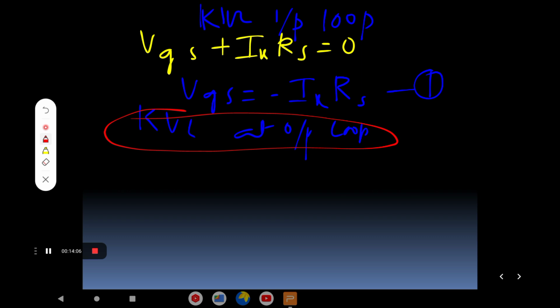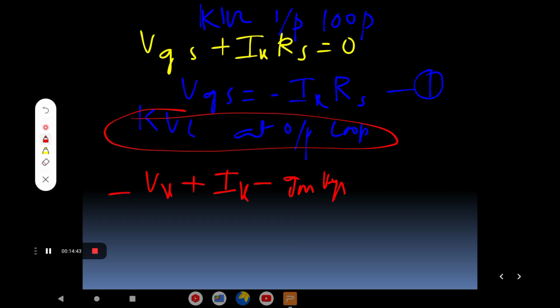The output loop is nothing but the output voltage, and I will take the minus direction as per your convenience: minus Vx plus the current Ix. The current passing through this one is Ix, and the opposite current is gm into VGS.